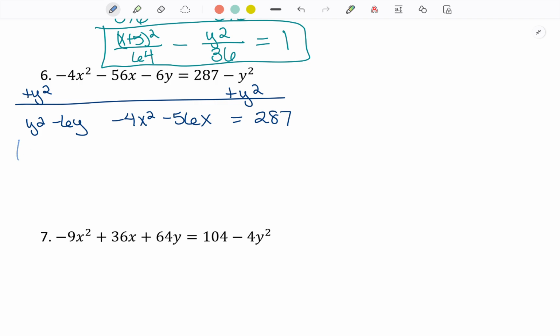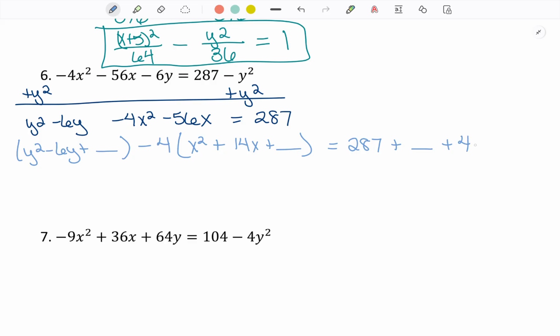So that gives us y squared minus 6y plus something. And then we are going to subtract 4 and have (x squared plus, and then 56 divided by 4 is 14, so that's 14x plus something). And that's going to equal 287 plus our first blank, and then plus 4 times our other blank.